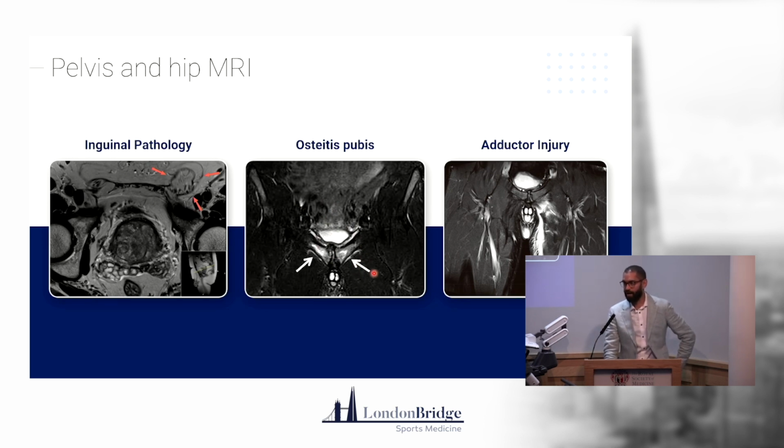You have to say, can you do a pubic bone small view, or an adductor origin small view, because otherwise you may not see these things in as much detail. It's very different getting a small view of the pubic area as opposed to a large pelvic view. So be very specific on your request forms. This is obviously an adductor injury where you can see the adductor avulsion, which I'm sure you're experts on now. And generally here some osteitis pubis and some pubic bone inflammation and some disc degenerative change.